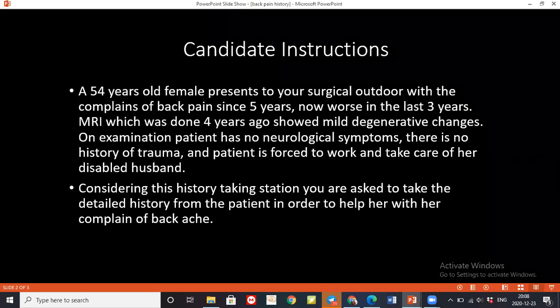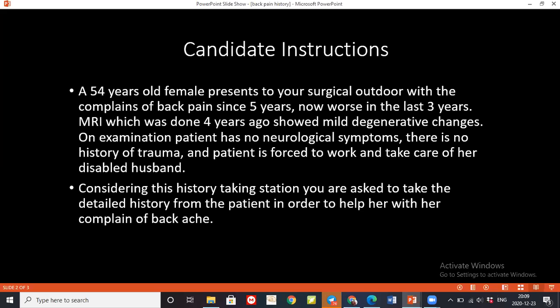If you suspect any trauma and there is any suspicion of crush fracture, which scan or images would you ask for? I'll go for a DEXA scan or CT scan. Okay. DEXA scan. Yes. How would you manage this patient?